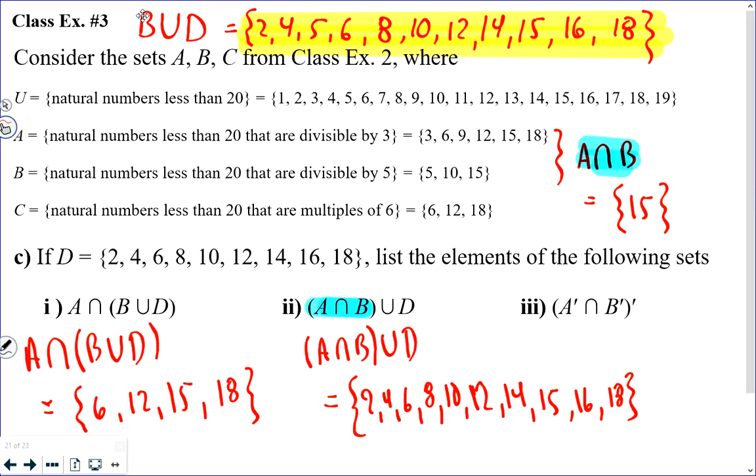Remember that union symbol means or, which means you just list everything, whether it's in one of the sets or the other or both. And one of the sets here was this set, which we had to figure out first over here.